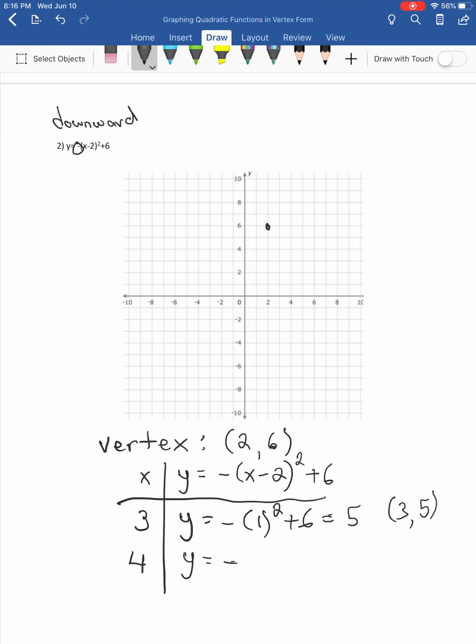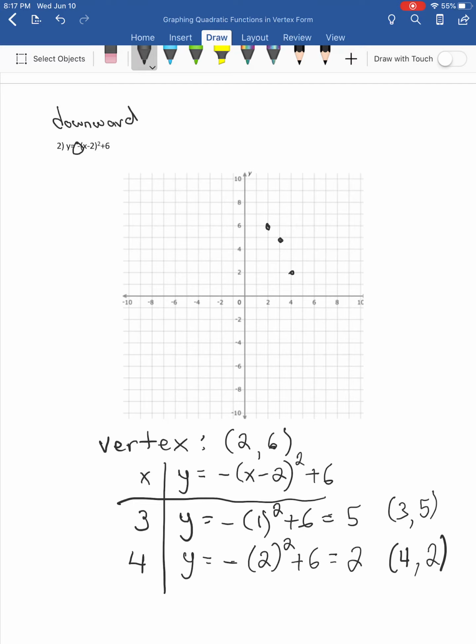For 4, negative (2) squared plus 6. 2 squared is 4. The negative makes it negative 4 plus 6, positive 2. All right, so (3, 5) is here, and (4, 2) is right here.